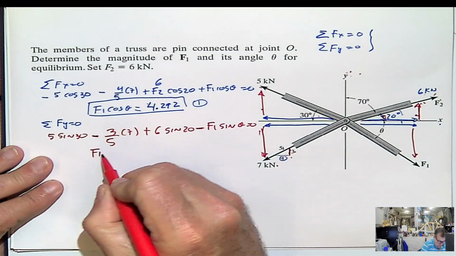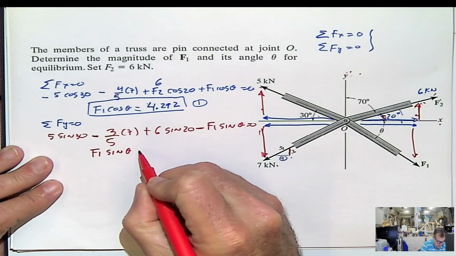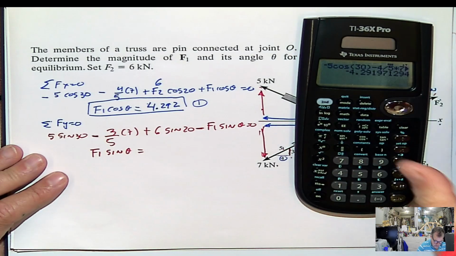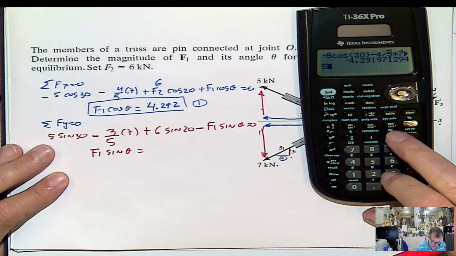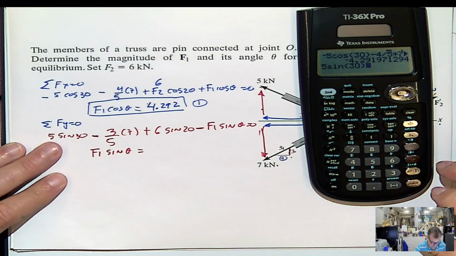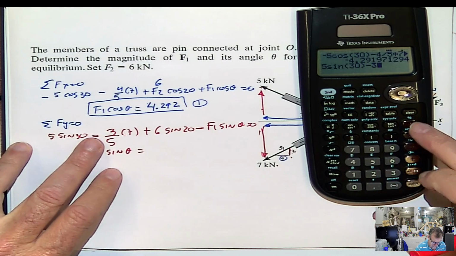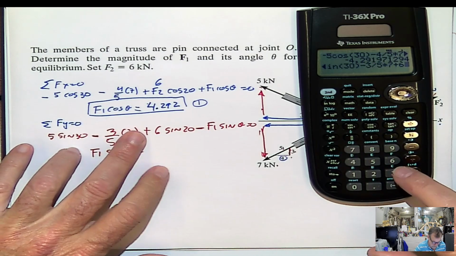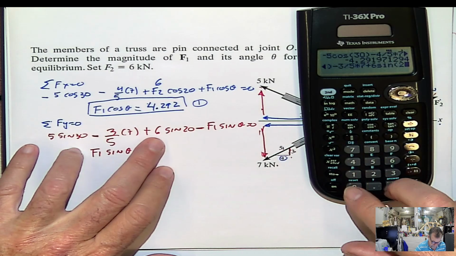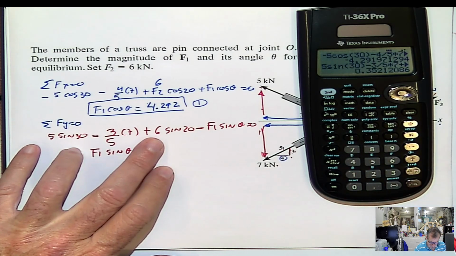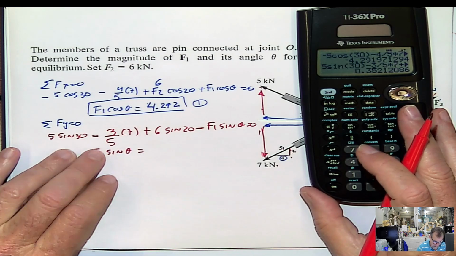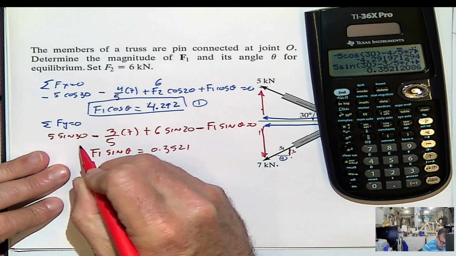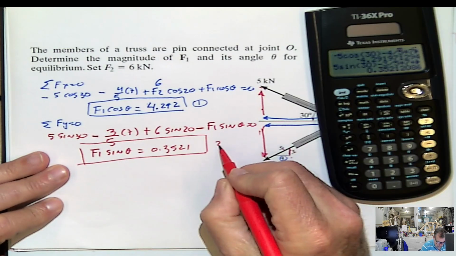So I will have F1 sine of the angle has to be equal to, and I'm going to totalize this, 5 sine 30 minus 3/5 of 7 plus 6 sine 20, and that's 0.3521, which will make equation 2.